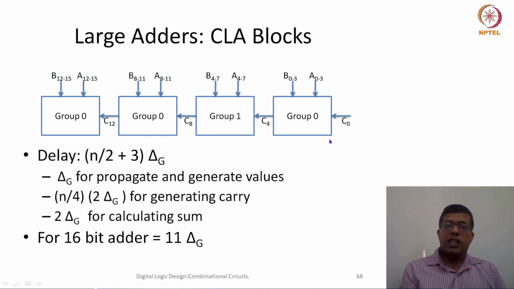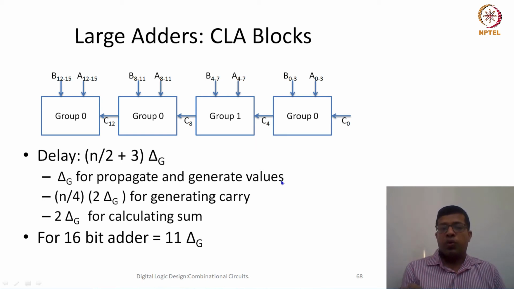And then the carry would be rippling from one group to another group. Does it seem better? Is it faster than our regular adder or not? Let's quickly do this analysis.